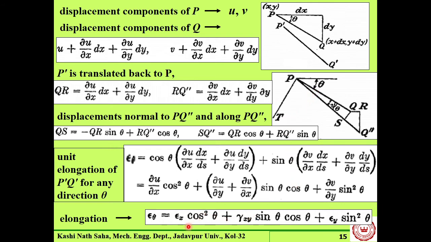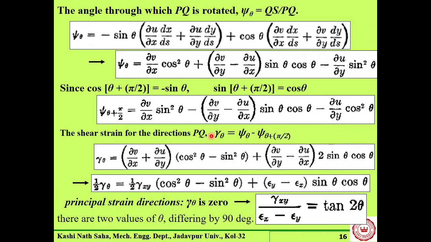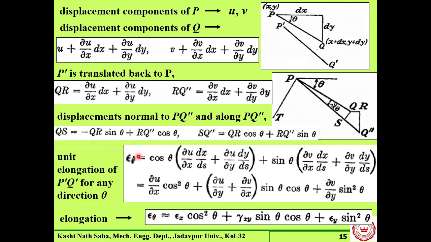Now, if this is the general expression for epsilon theta, then what will happen for the expression at theta plus pi by 2? We have to substitute this theta by theta plus pi by 2. This part is clear.